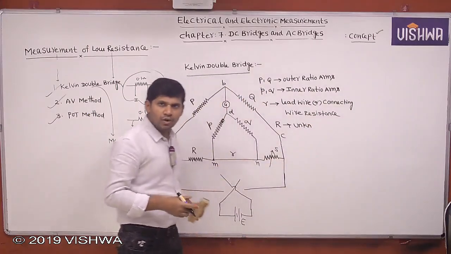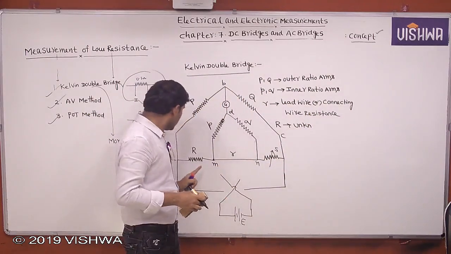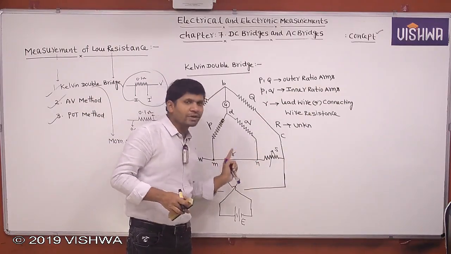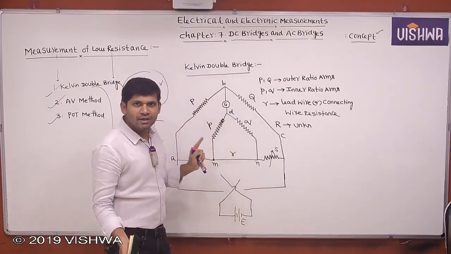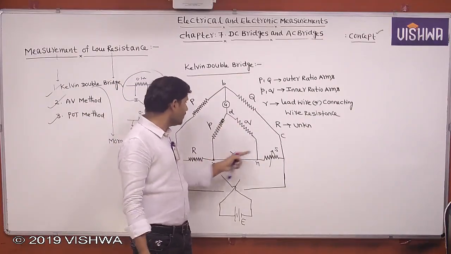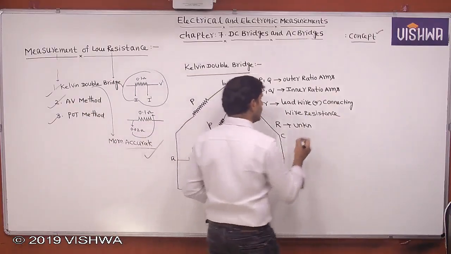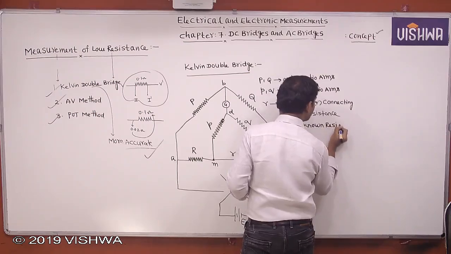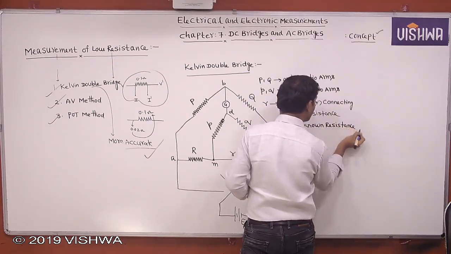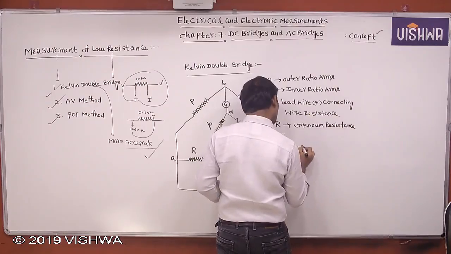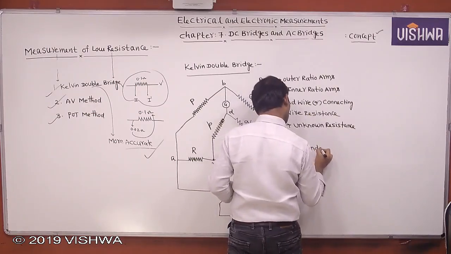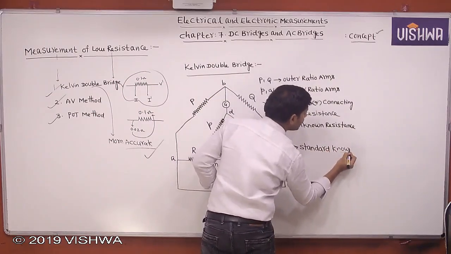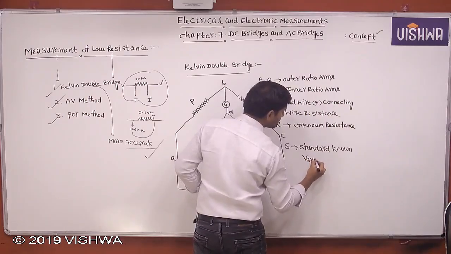Small r is also called a link connected between the unknown resistance and the standard resistance; that terminology we can also use. R is the unknown resistance, where S is the standard known variable resistance.